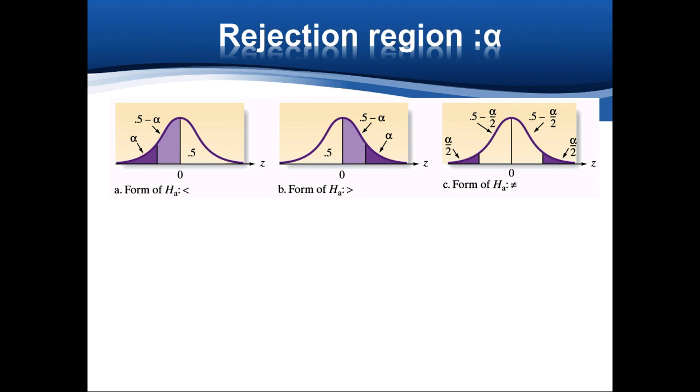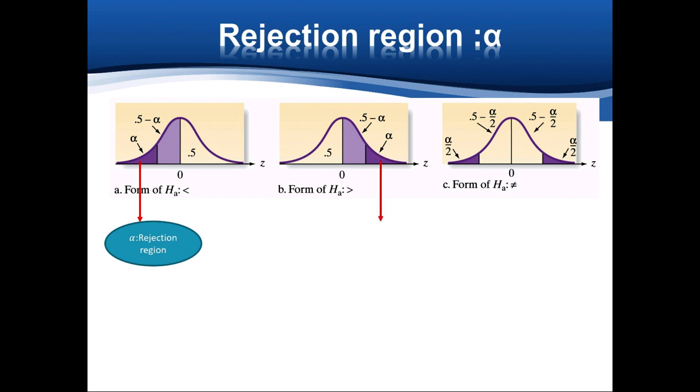as shaded. For the case HA smaller than, it will be on the left side. This shaded area is the rejection region.